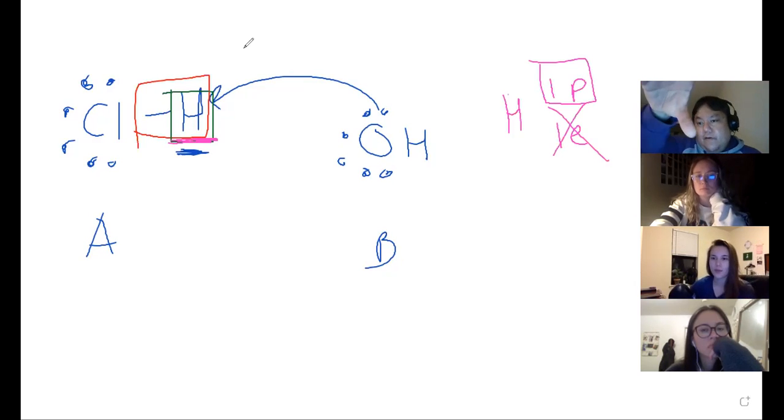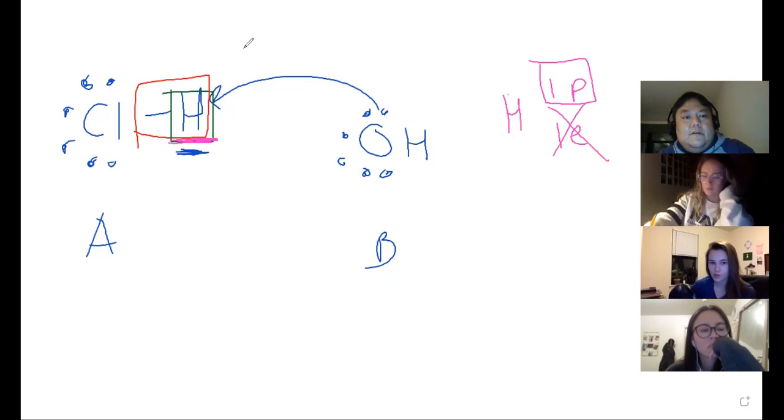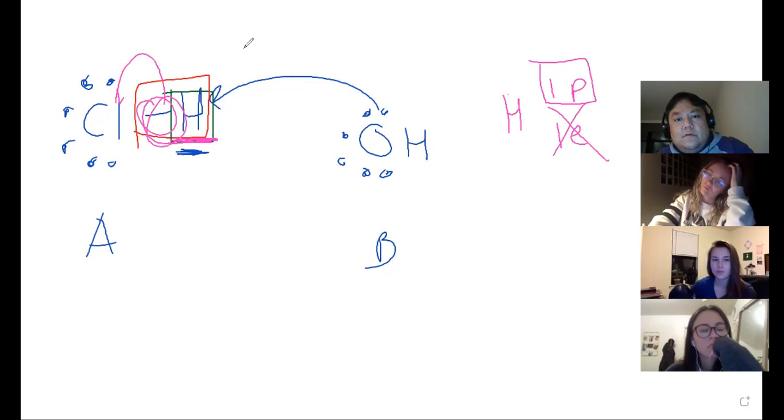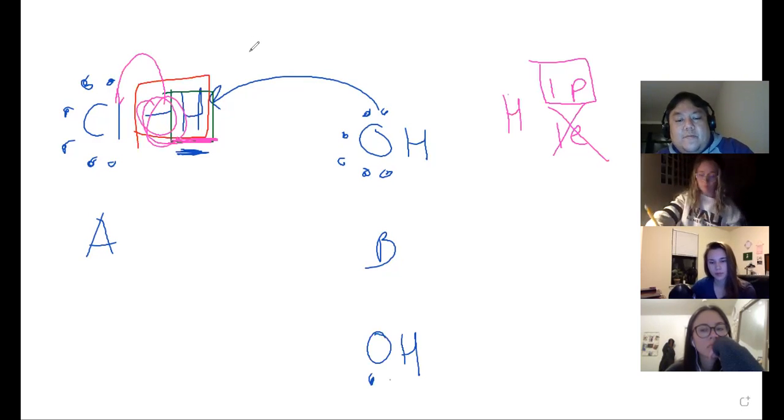So when our base grabs the proton, we are leaving behind our bond. Our bond goes back onto the atom that it was attached to. So now, after this happens, this oxygen still has this hydrogen here. It has a lone pair, and now it is bonded to this hydrogen like that.